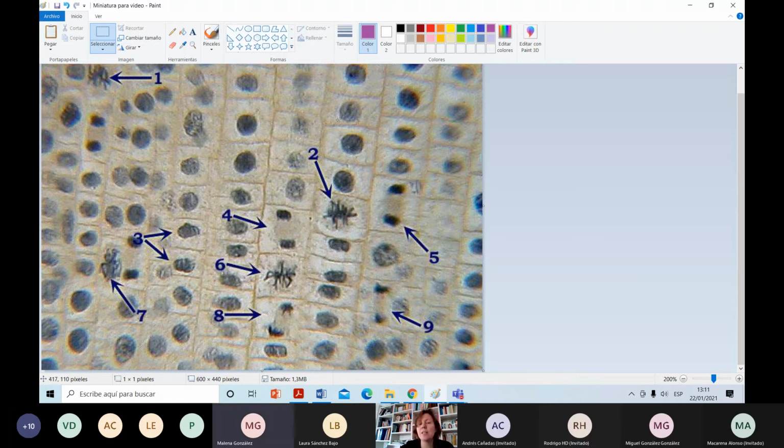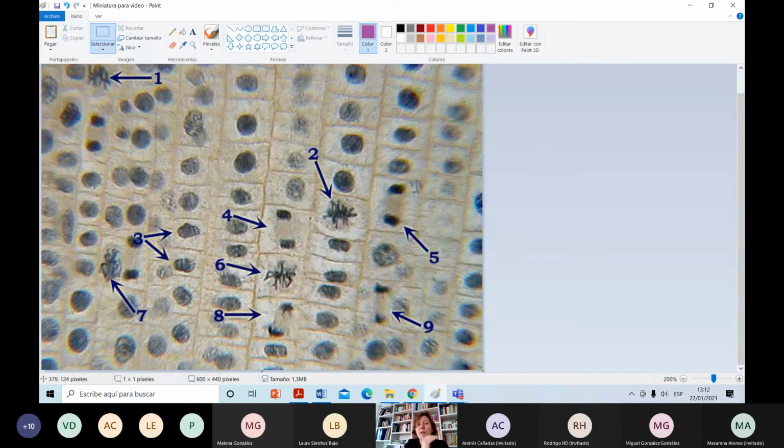Bueno, this activity is not asking you to say exactly which phase they are in, but it's especially trying to do just the opposite, justo lo contrario. I want you to consider that these names for the phases are artificial names that are giving a name to one continuous process.